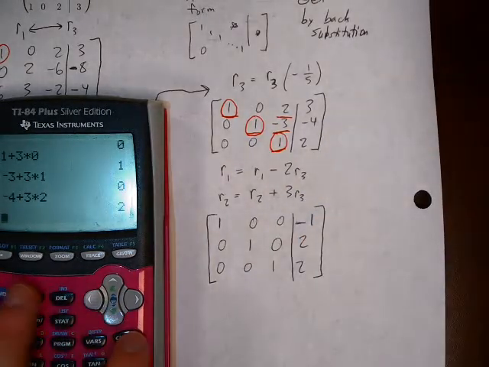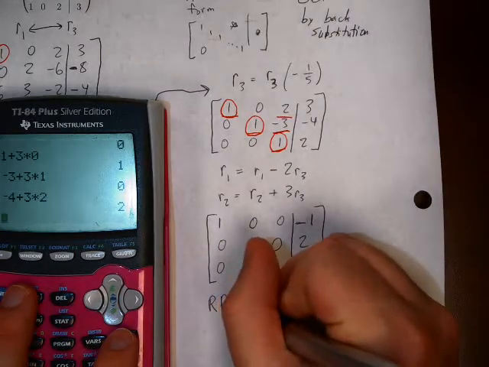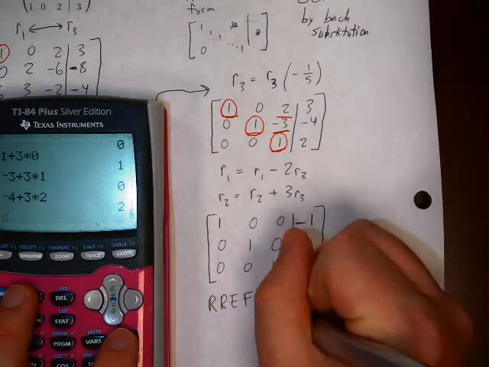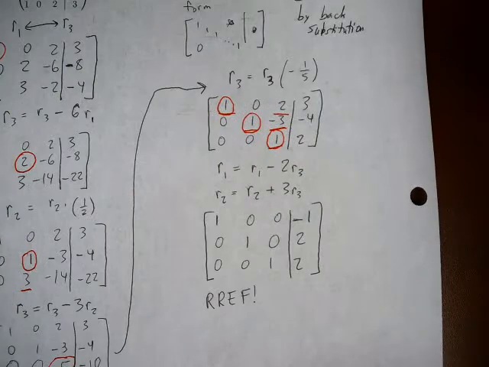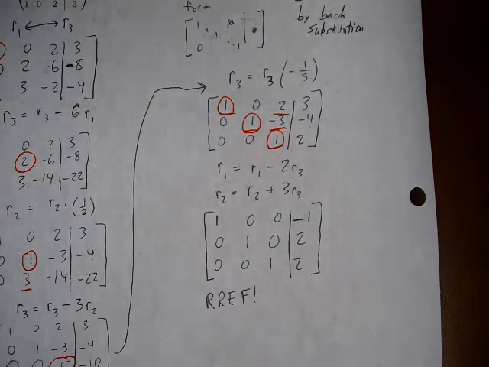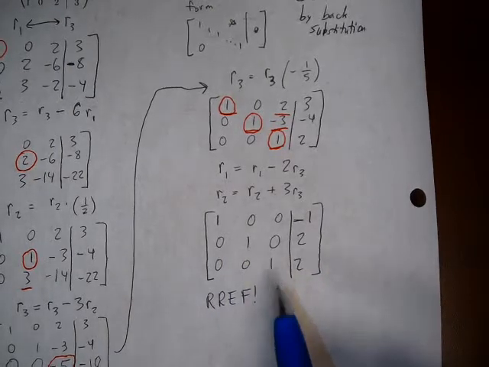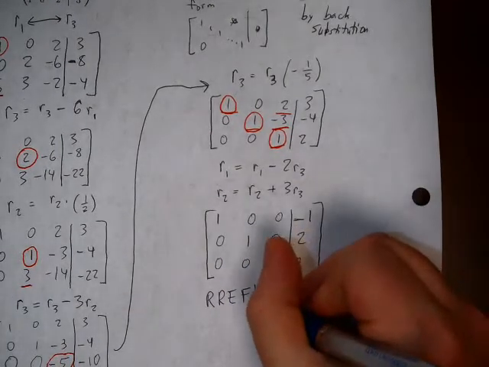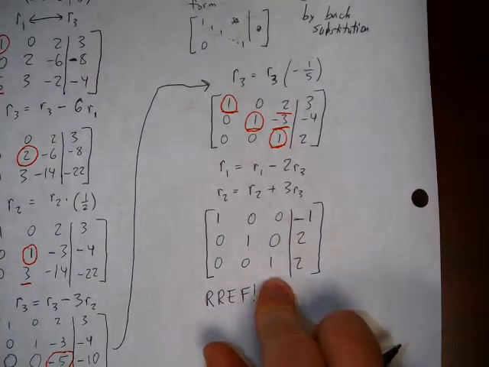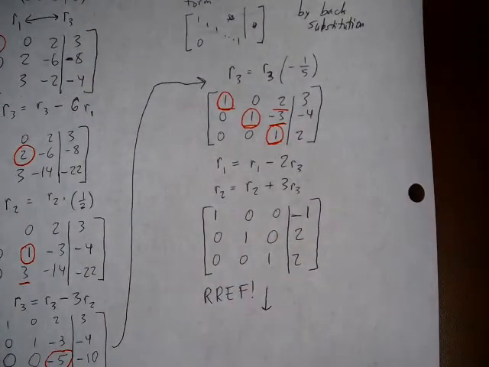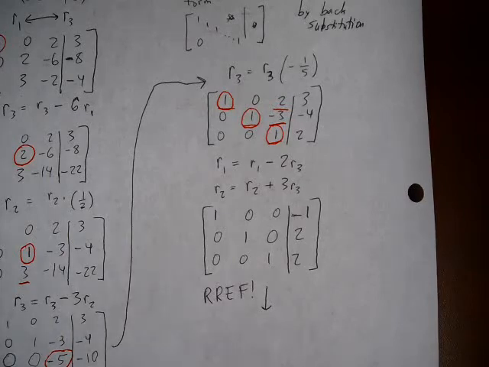So now we've got reduced row echelon form. What's neat about this is we essentially just did all of our steps for elimination and substitution in order to get what this final form is. So now we want to take the matrix and read it as equations. Let's pretend our variables are x, y, and z.